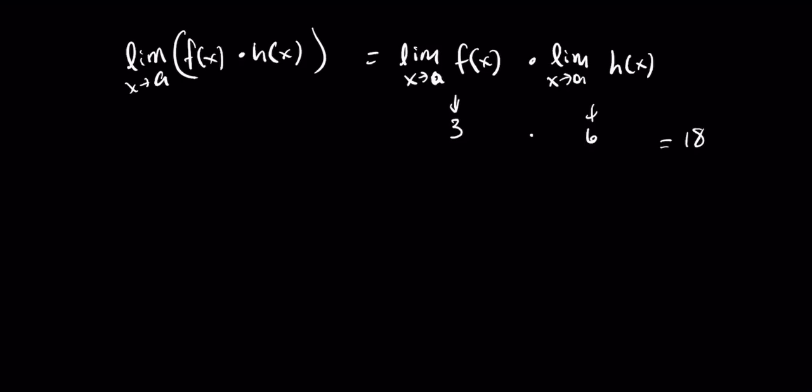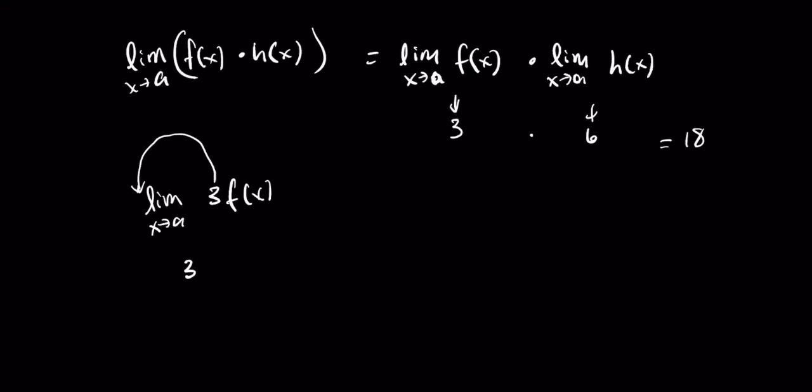Now let's go on to a different example where we just have a constant outside. So let's say, for example, I'm trying to find the limit as x approaches a of 3f of x, or something like that, where you have a constant that's present in there, but it doesn't actually relate to the whole equation. You can factor it out if it is already in there, but if it's not in there, you can easily take this 3 and put it on the outside.